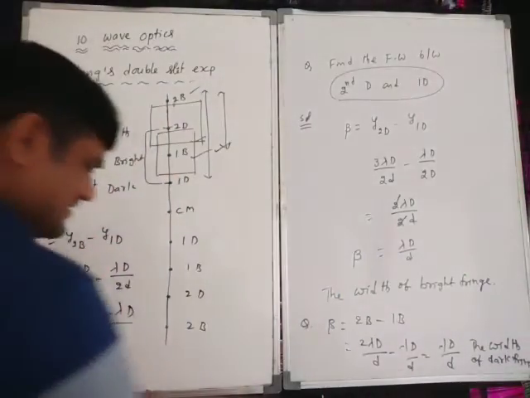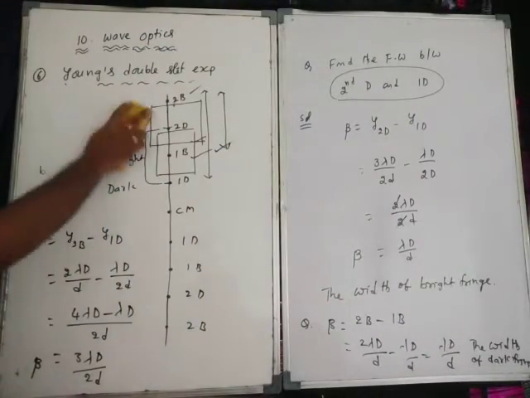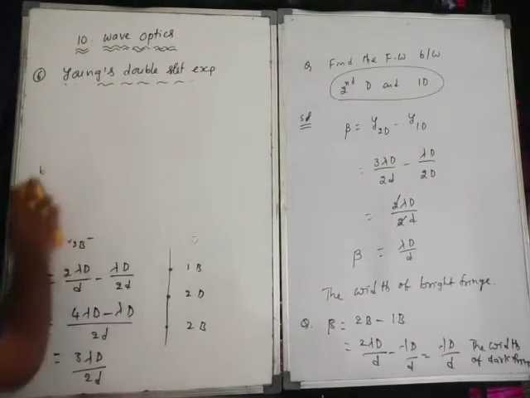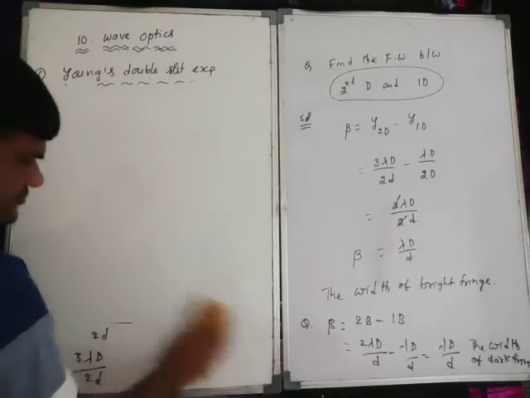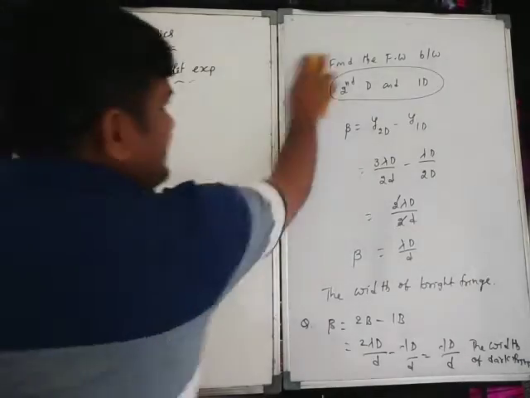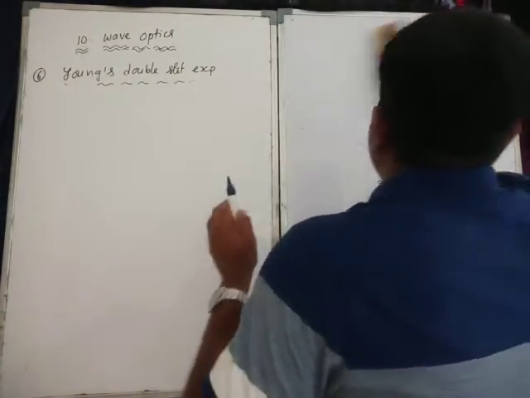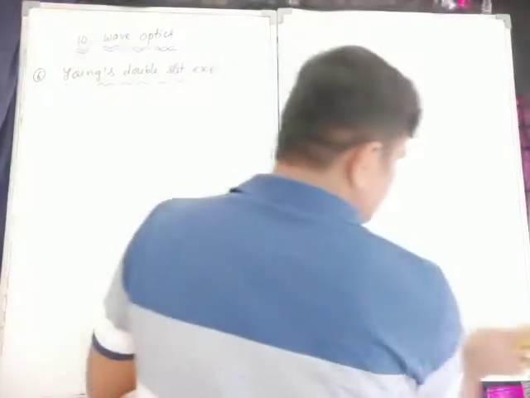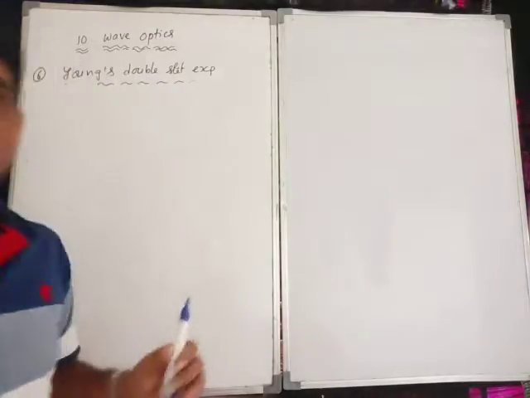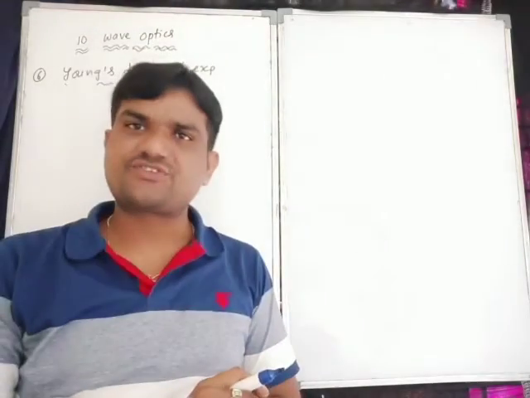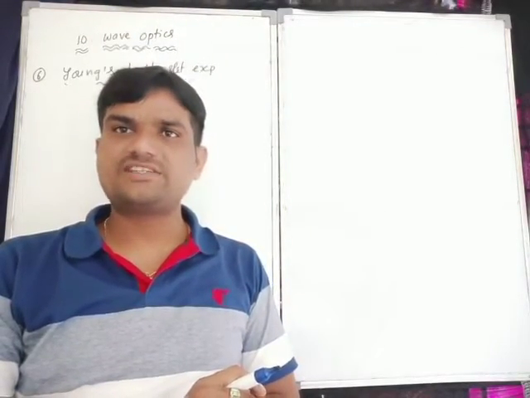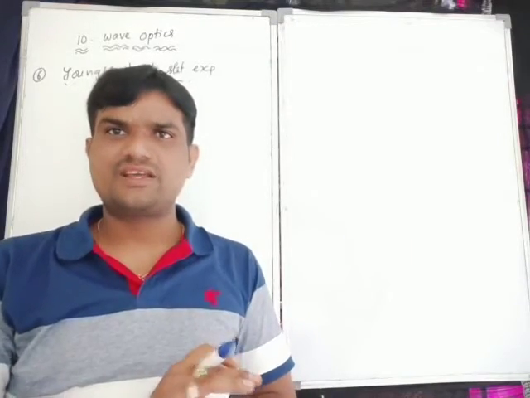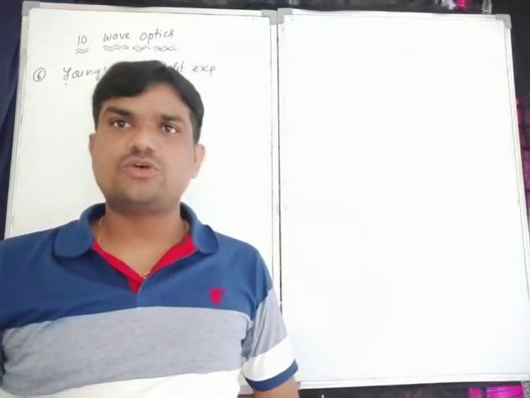So this is the concept of Young's double slit experiment. And also one more shortcut method I will give you. Sometimes we do not remember constructive and destructive interference, what that path difference is. At that time it is very difficult to get the formula.